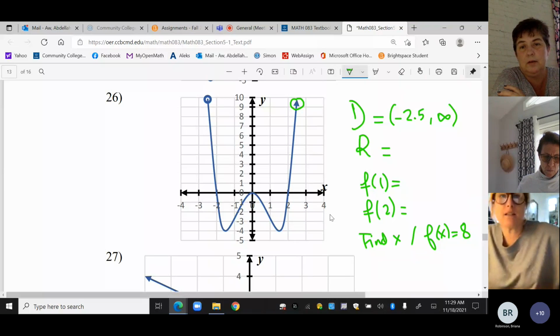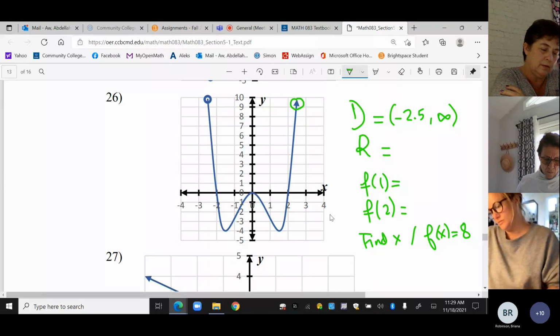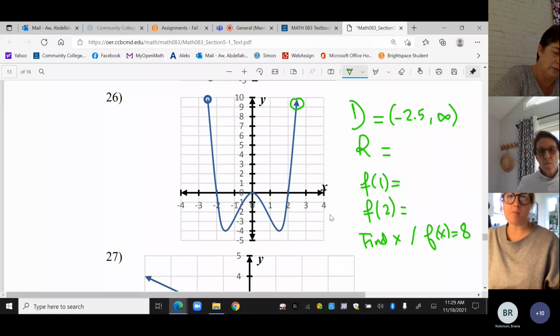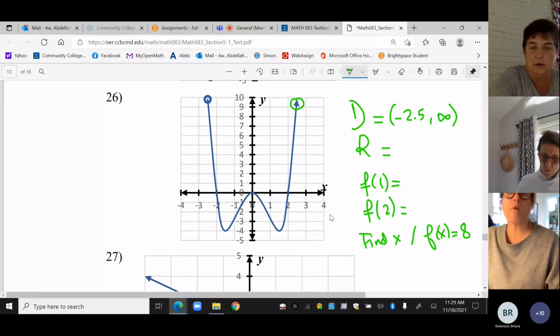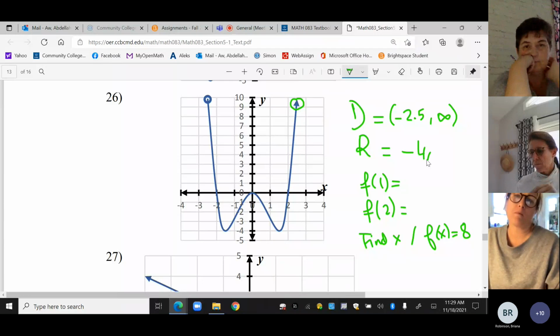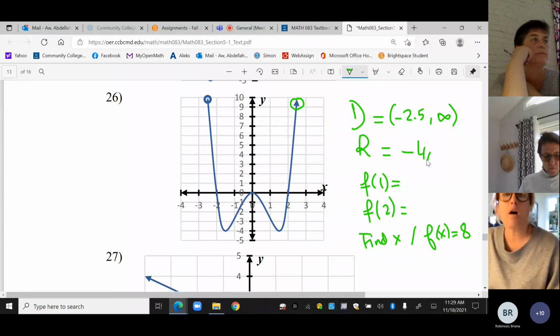All right. The range now, from what is the minimum y to the maximum y? The minimum y is what number? What y value? -4. Thank you. What do you put around -4, bracket or parentheses?